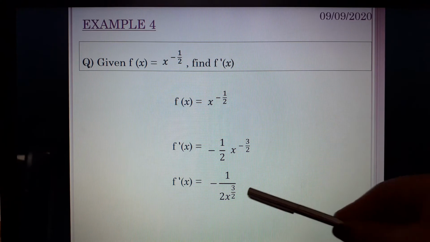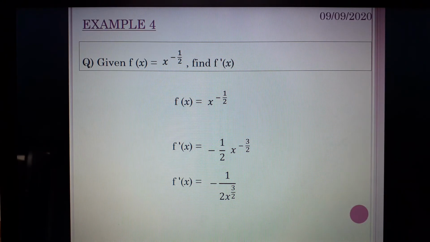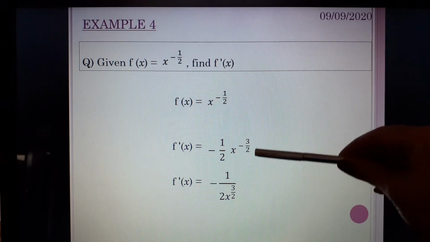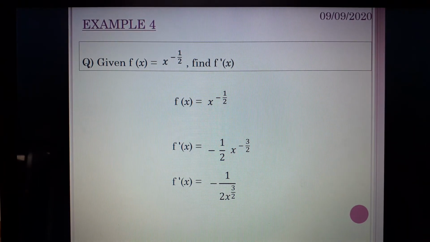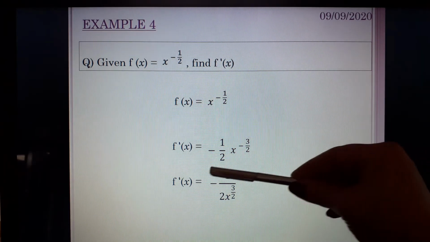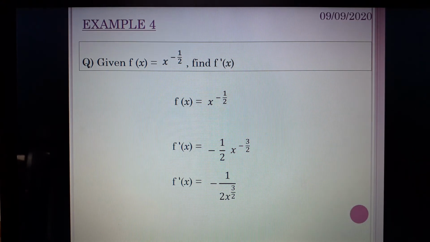Now we can go even further and turn that back into a surd again, but we'll be dealing with that later on too. Now that answer there is actually the answer differentiated, and that one is absolutely fine to leave like that. We do have to practice getting them back to this stage because we do have to be able to substitute numbers into it.